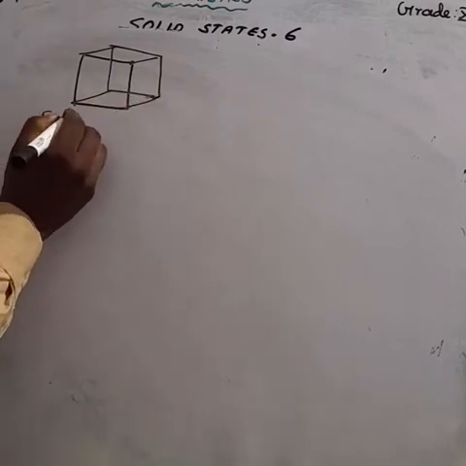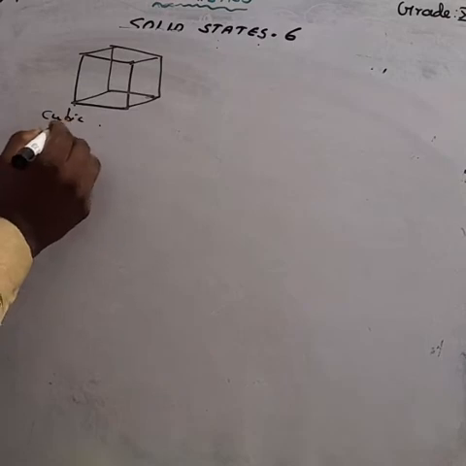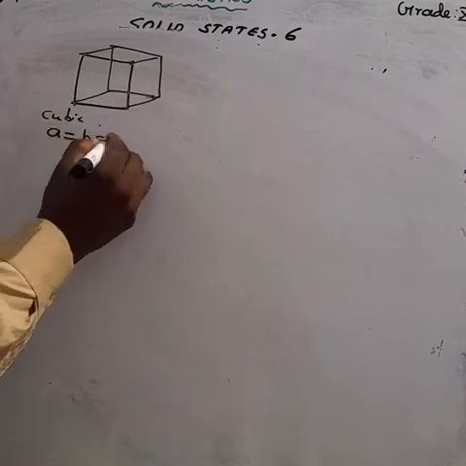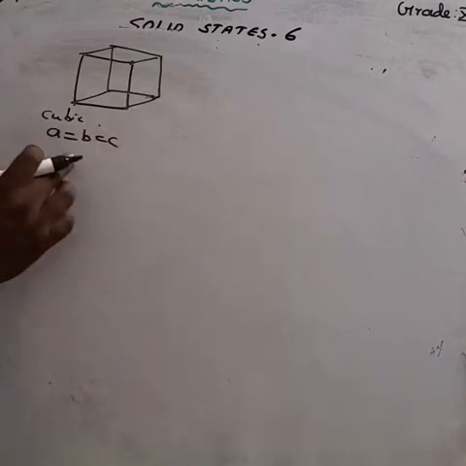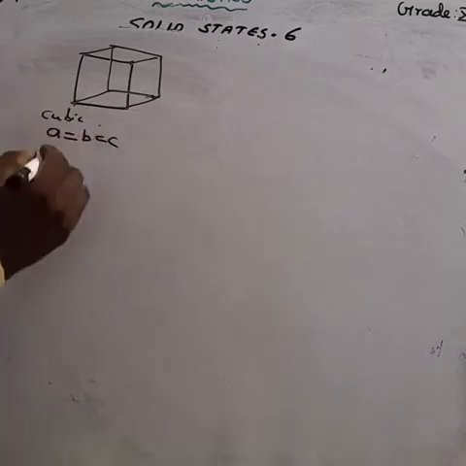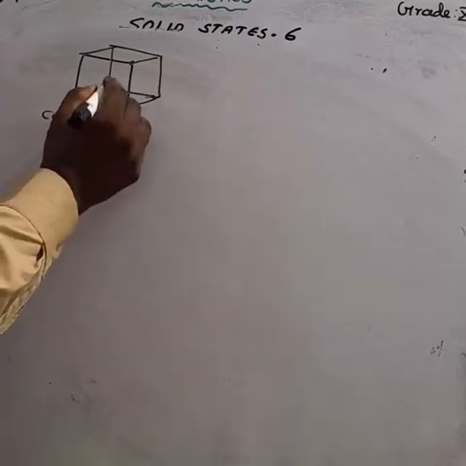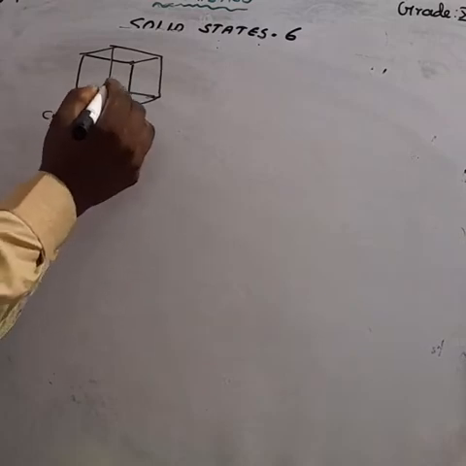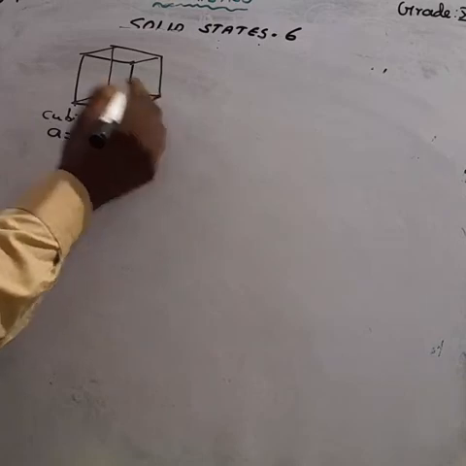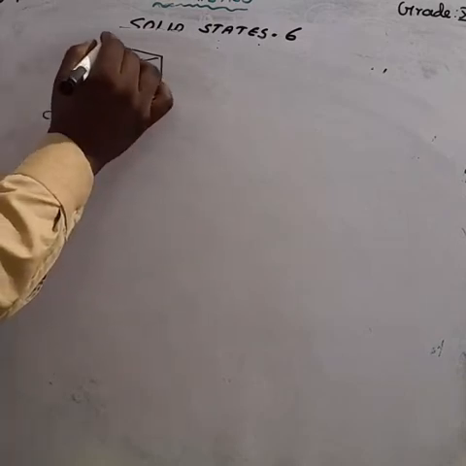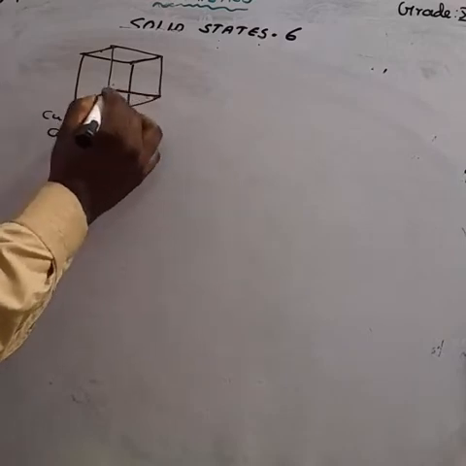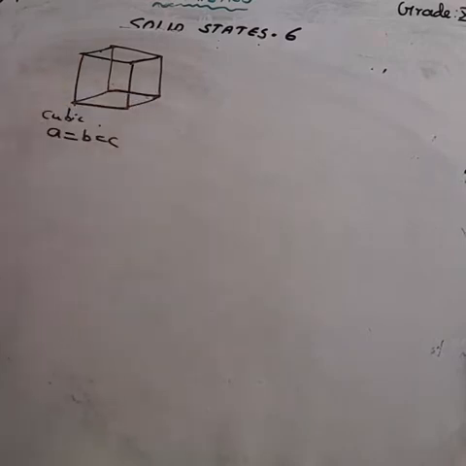First try to understand the concept of the cubic. Here a length is equal to b length and equal to c length. First we can draw the cube. I'm drawing one cube. Okay, this is one of the cubes.